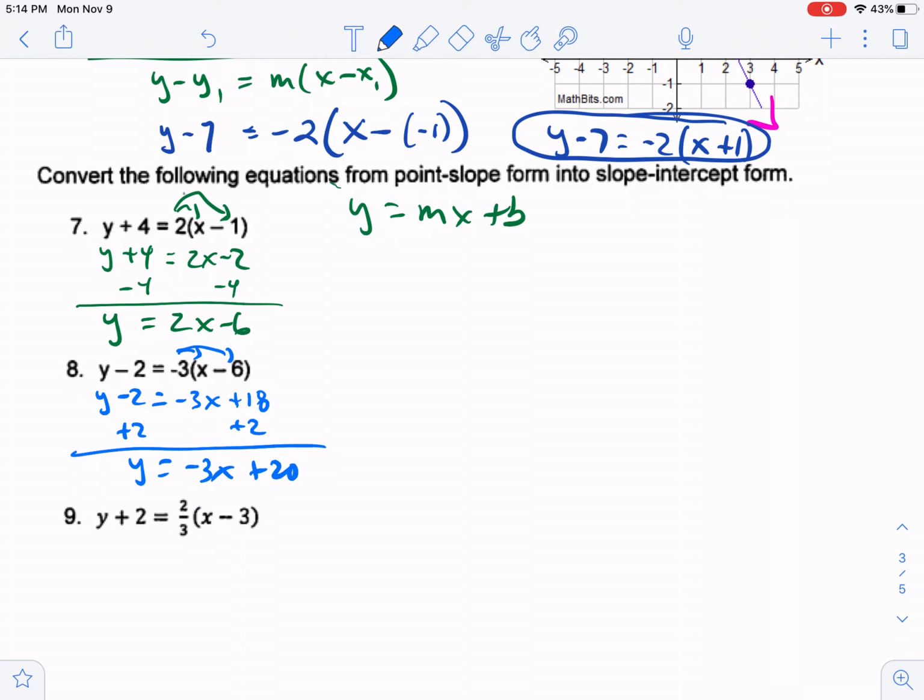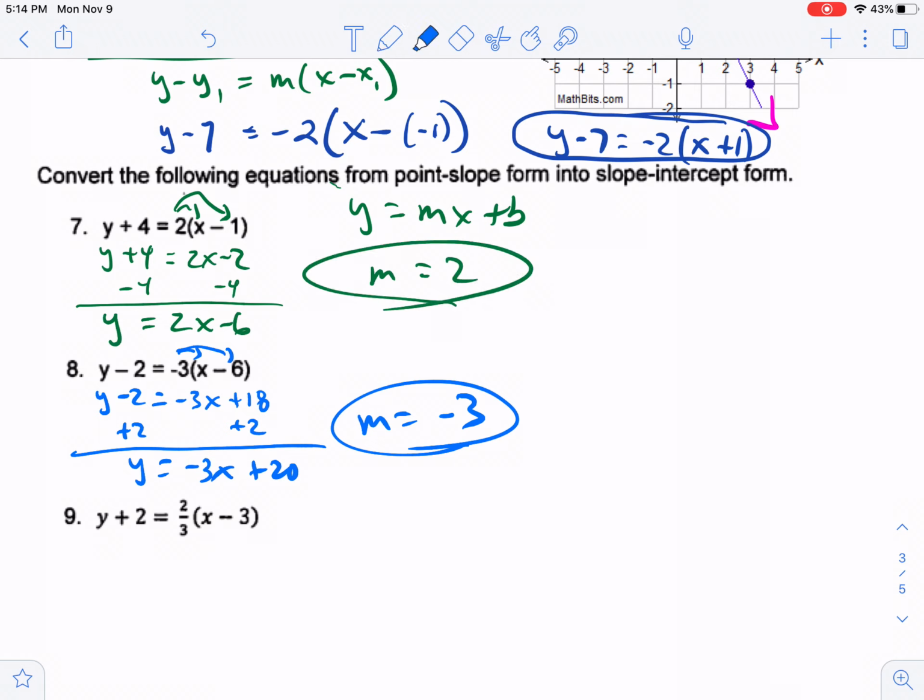It's negative 3. If you care, up here, the slope is 2. And over here, it's negative 3. What's the y-intercept? It's a negative 6 up here. Over here, it's 20.